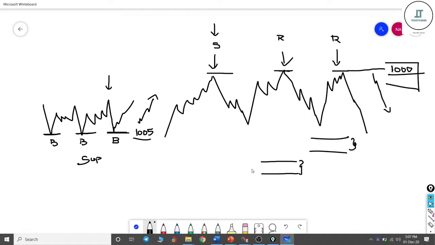That is where we categorize it into a demand zone or supply zone. Demand zone generally means the buyers' zone and the supply zone generally means the sellers' zone.